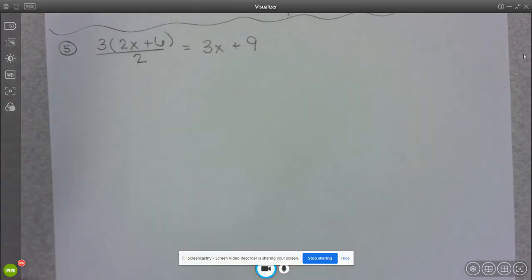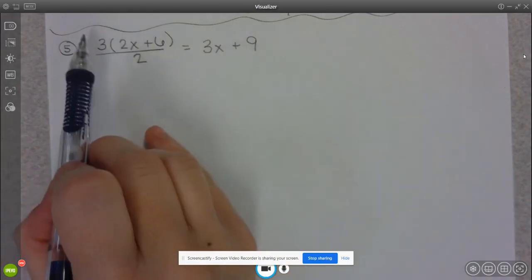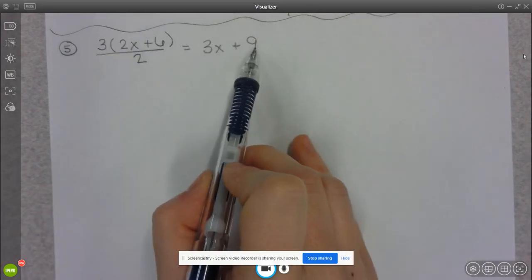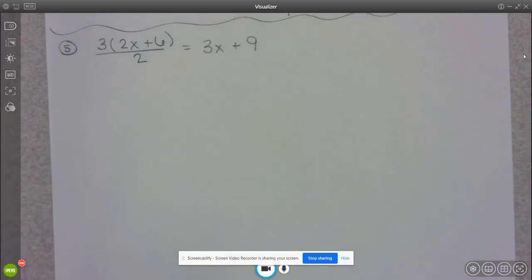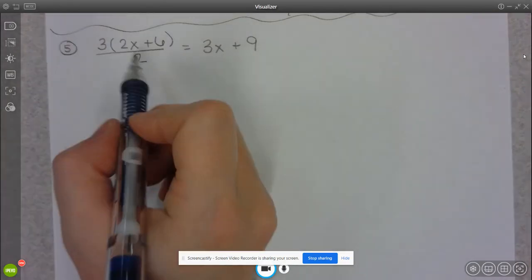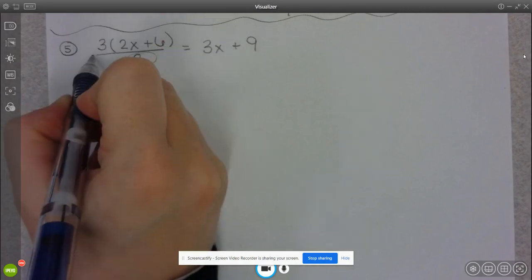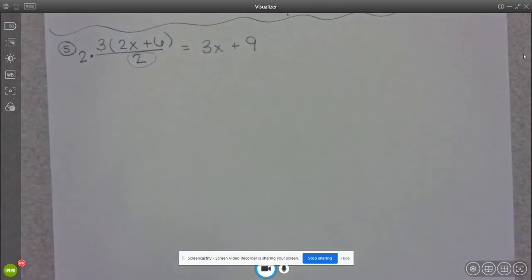So the next one we're going to look at does have a fraction. Now, you could choose to divide by 3 first, seeing that 3x and 9 are both divisible by 3. What I'm going to do is get rid of this fraction and get rid of my denominator by multiplying by 2.